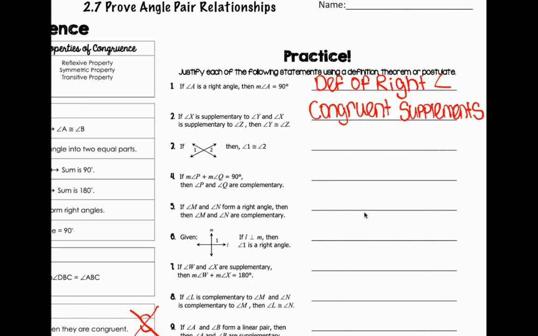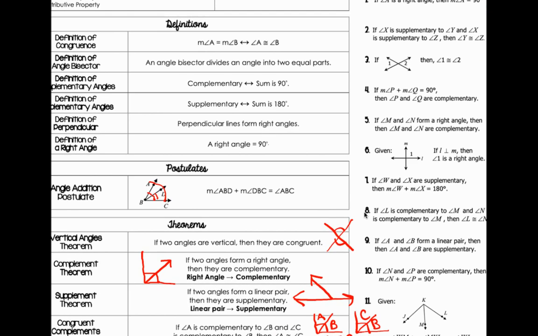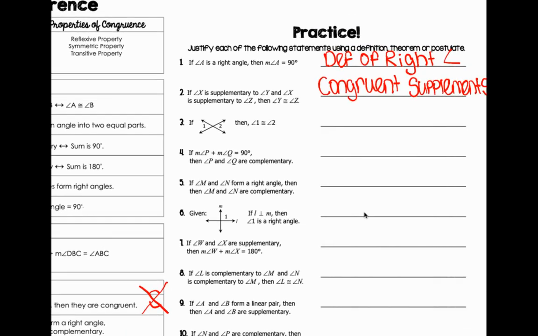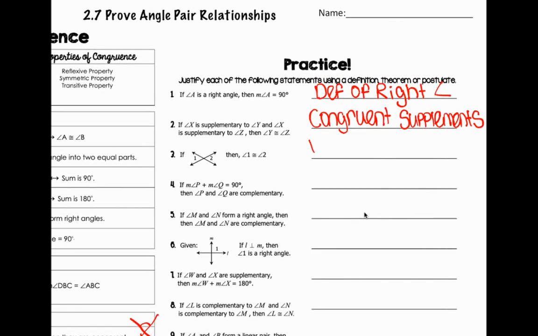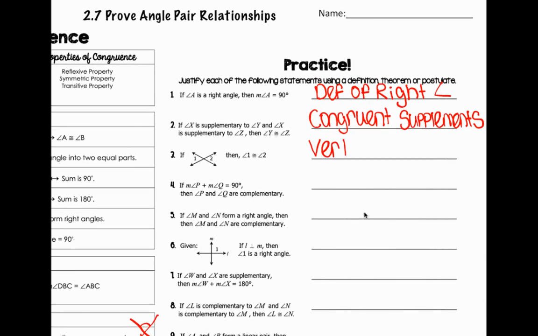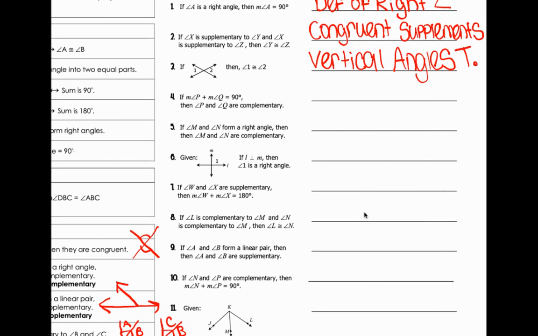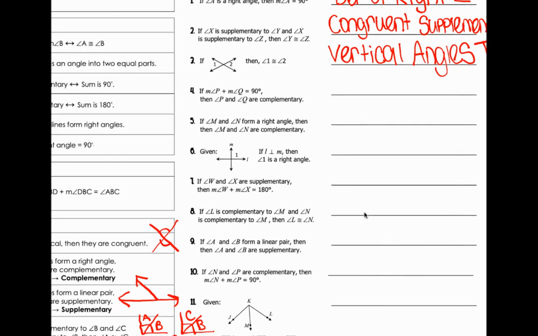Okay, if it's got a picture of vertical angles, then angle 1 is congruent to angle 2. So that would be our vertical angles. And that's considered a theorem. I'm just going to put a T for theorem. If P plus Q equals 90, then P and Q are complementary.